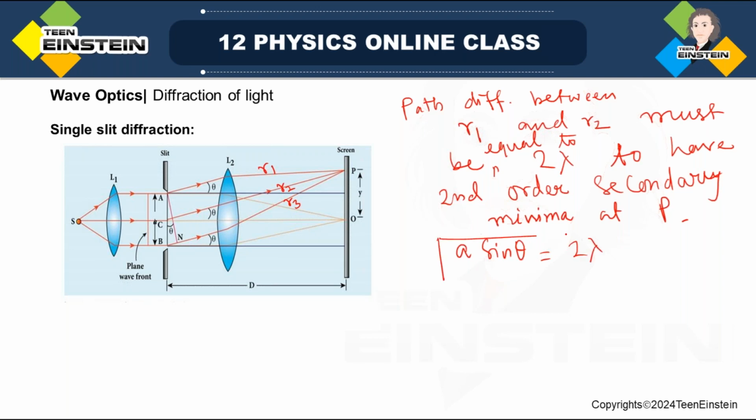Let us explain why at this condition this point will be dark, second order dark.